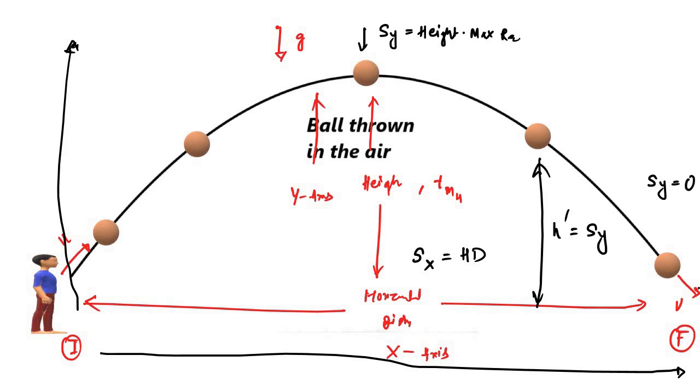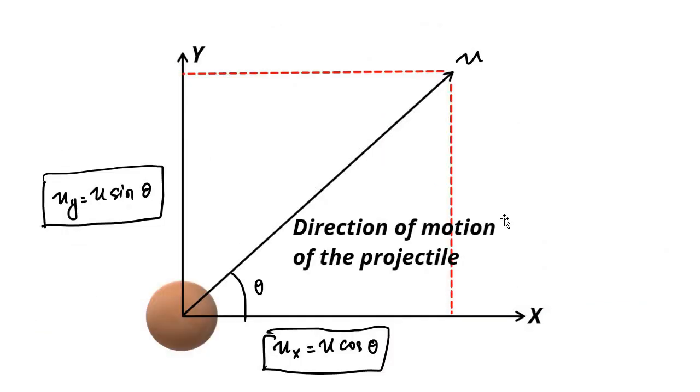So displacement is a vector, so that is also resolved into horizontal and vertical components. Velocity is a vector, that is also resolved into horizontal and vertical components, and acceleration is also a vector, so that will also be resolved into horizontal and vertical components, ax, ay.